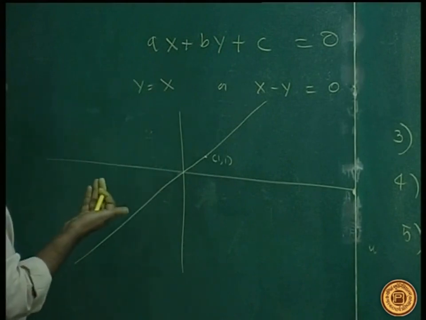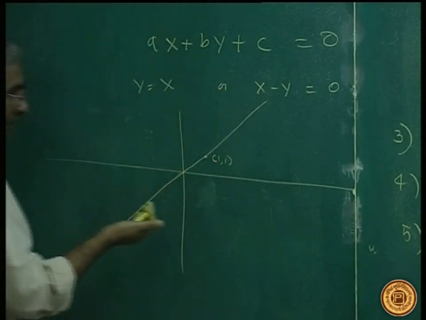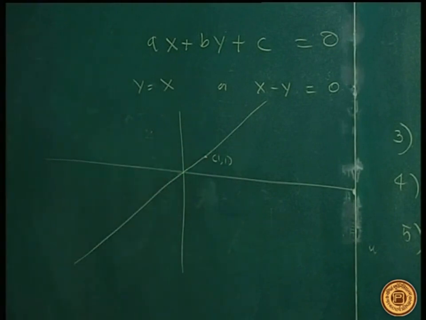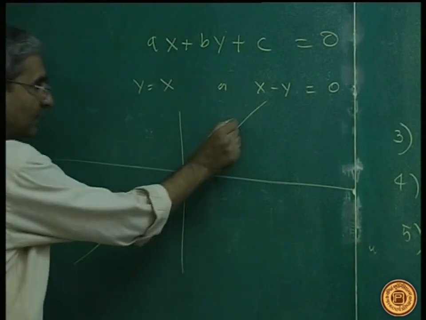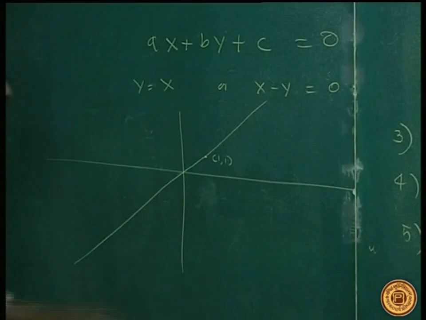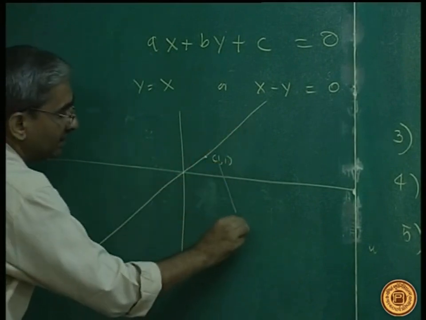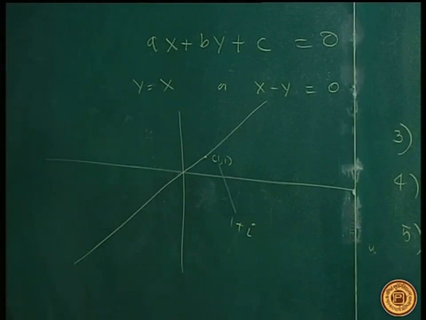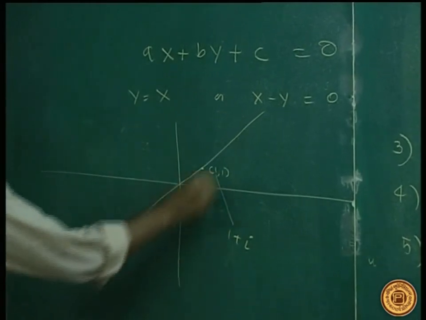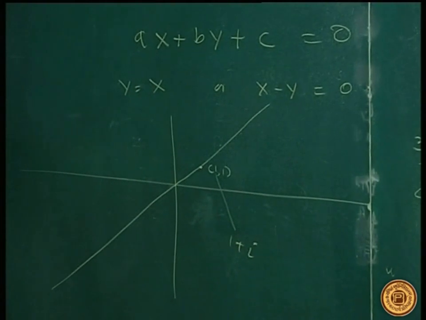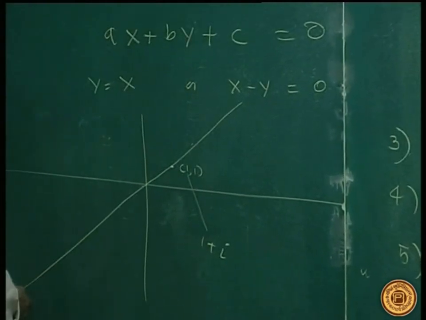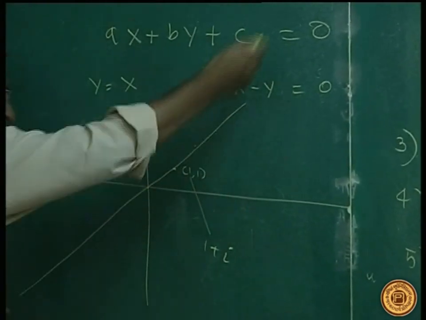But we know that this is the complex plane also. Every point in the plane can also be looked upon as a complex number. So this point 1 comma 1, which is on this line, is actually 1 plus i. This 2 comma 2 is 2 plus 2i. So this is a collection of complex numbers also.